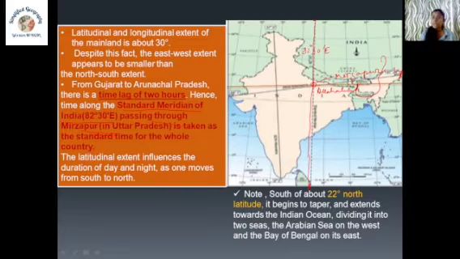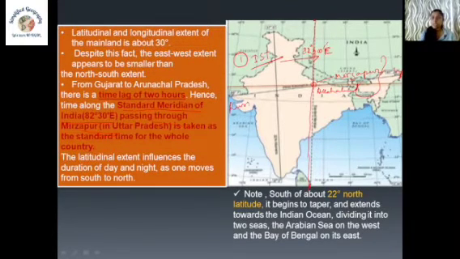So to avoid such inconvenience, each and every country has a specific time zone or a standard meridian of that particular country. Now India has only one IST or standard time, which symbolizes the 82° 30' east. Am I clear? So this line.